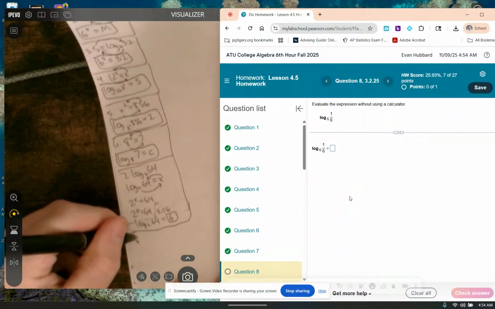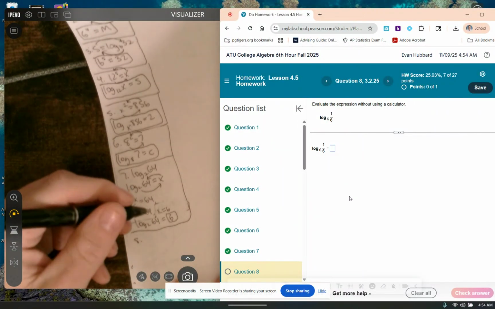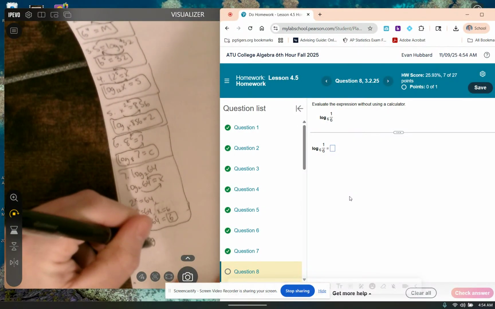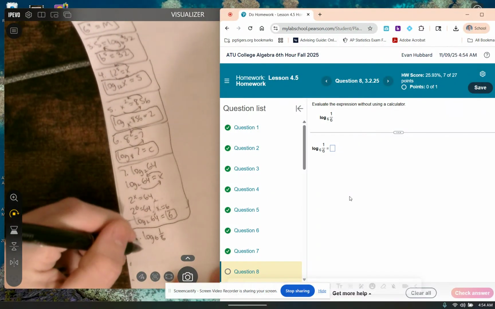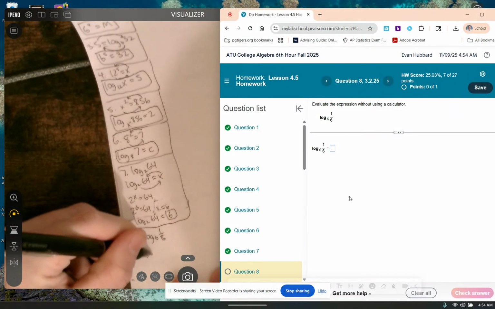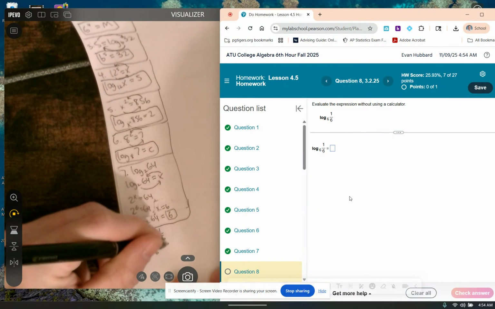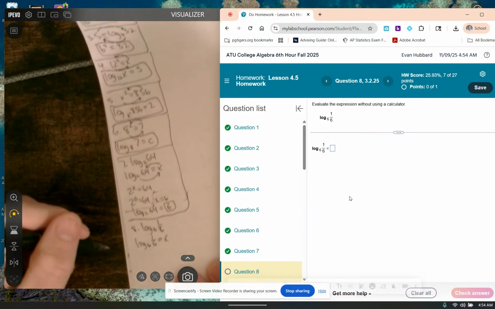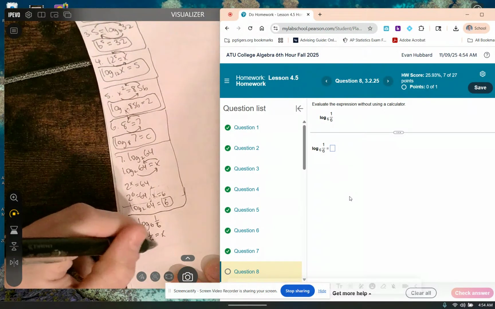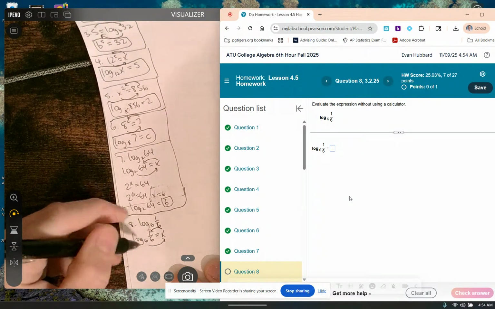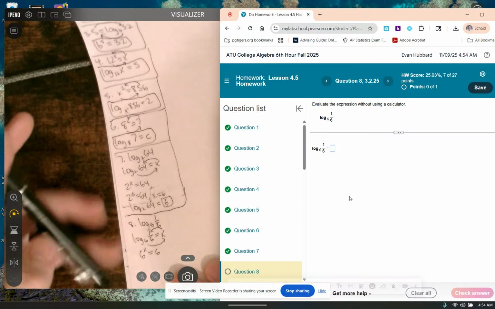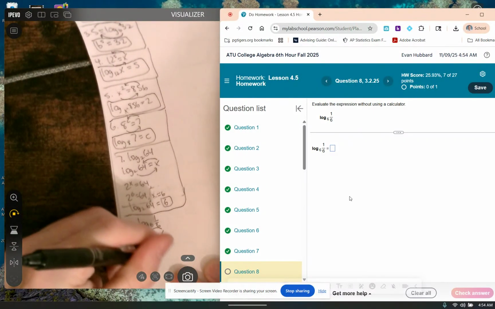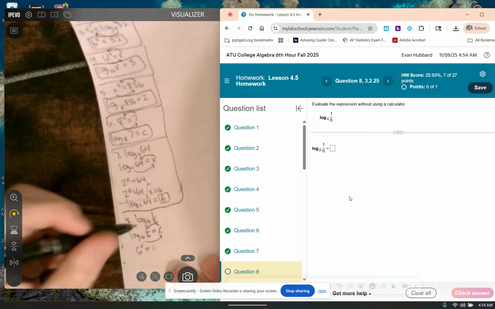All right, question 8. We got log base 6 of 1/6. Okay, so I could do log base 6 of 1/6 equals x. So I'm going to exponentiate it. So 6 to the power of x equals 1/6. I was getting ahead of myself here.